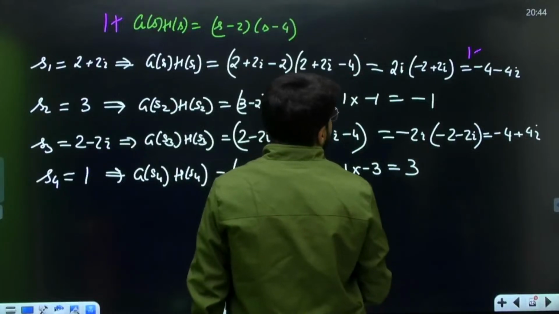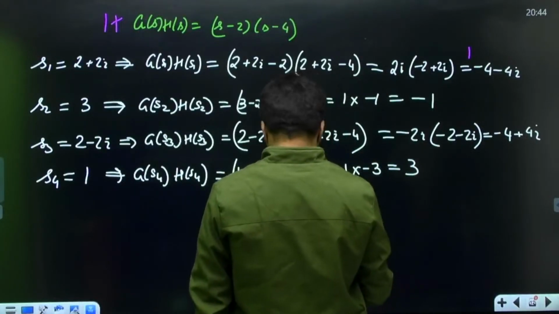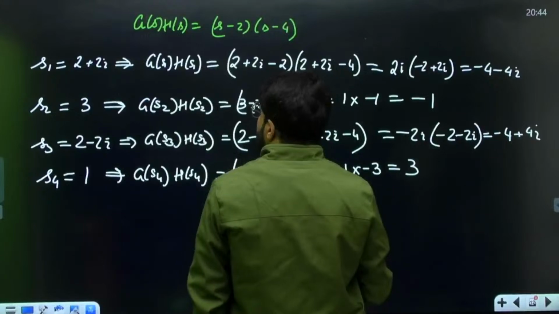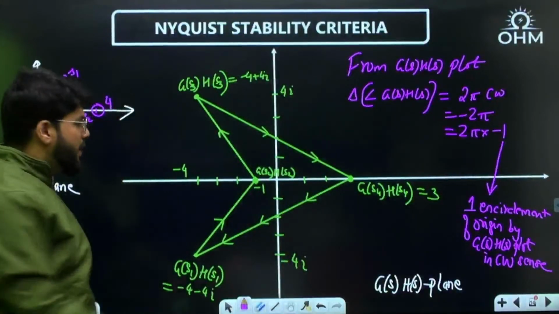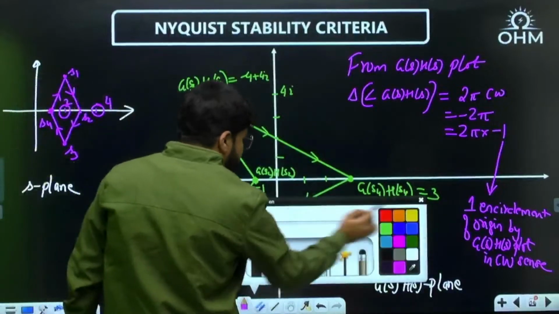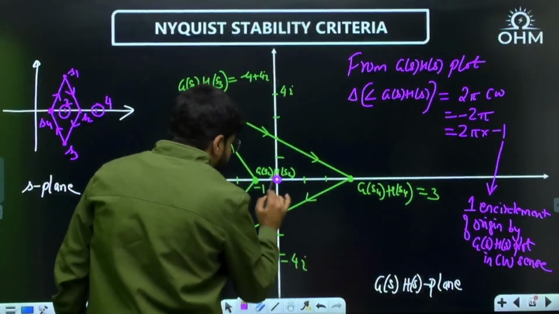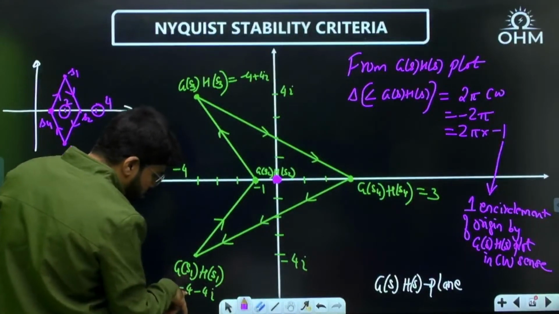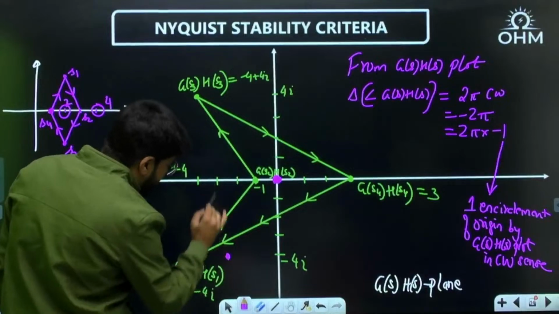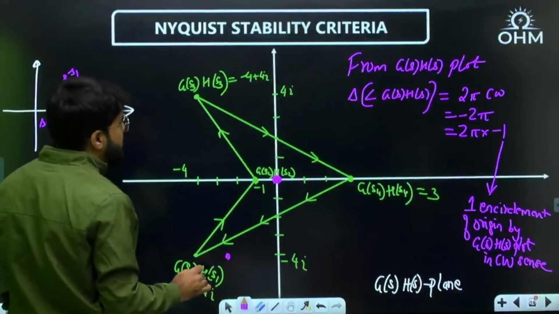So what is going to happen? Minus 1 plus 1 is 0. Minus 4j plus 1: plus 1 means only the real part, so the real part comes to minus 3, with no change in the imaginary part.